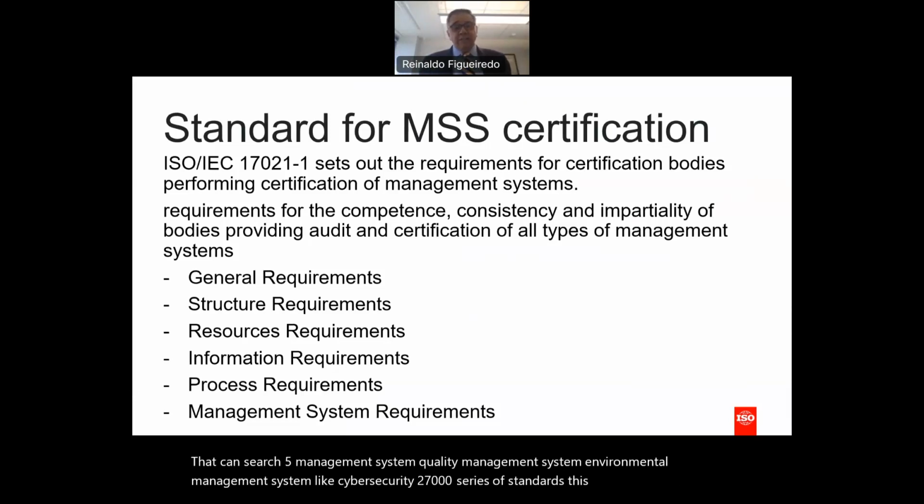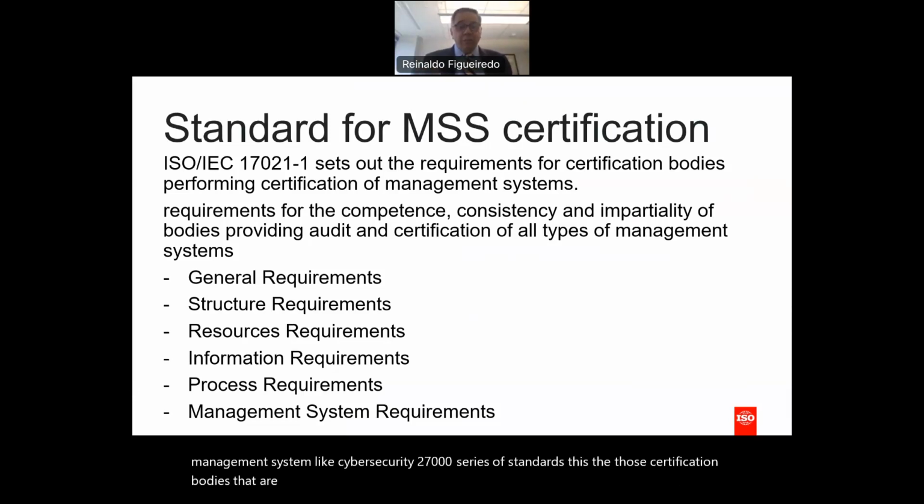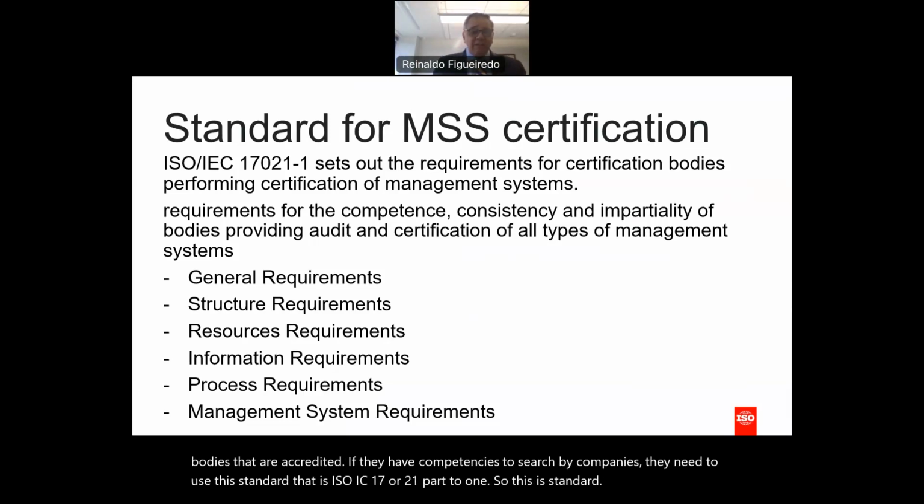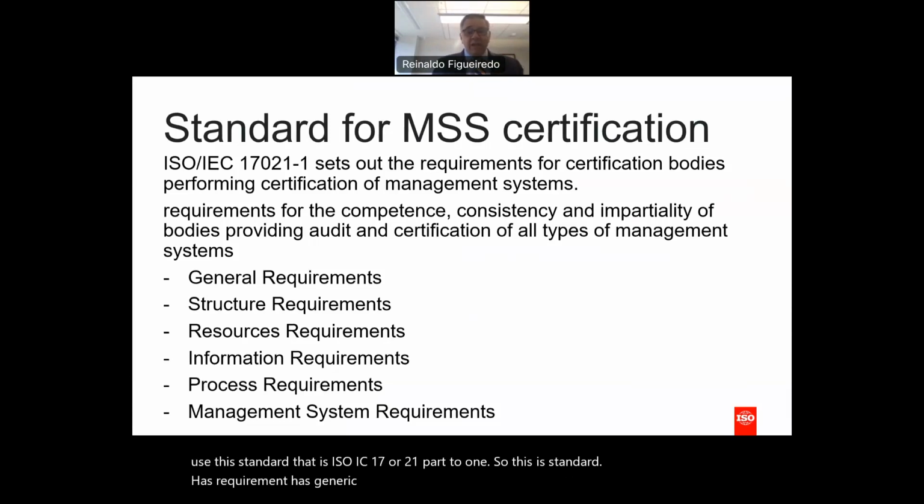Those certification bodies that are accredited, if they have competences to certify companies, need to use this standard, which is ISO/IEC 17021 Part 1. So this standard has generic requirements, requirements related to structure, resources, the information that the company has, and also the management system requirements.